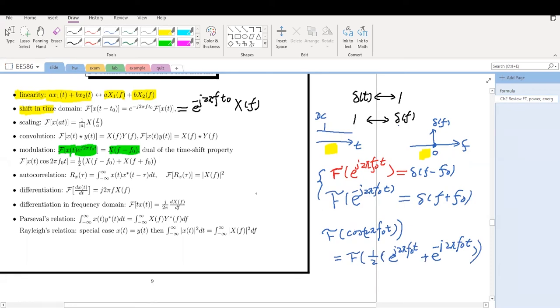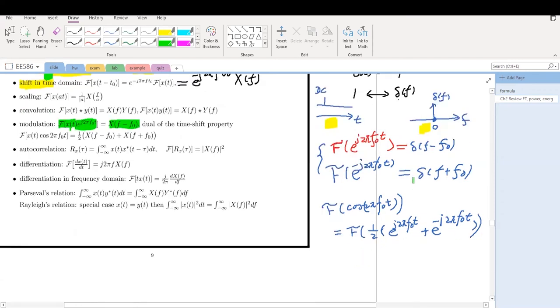Then using the linearity property, a linear combination in the time domain gives a linear combination in the Fourier transform as well. Using this result, we have half delta(f minus f naught) plus delta(f plus f naught).